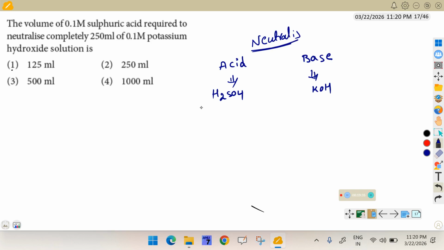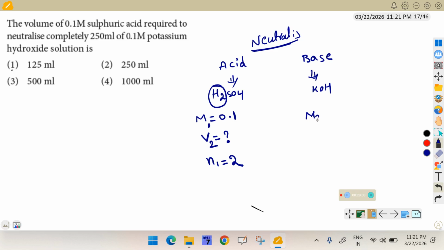So molarity of H2SO4 is given as 0.1 molar. Calculate volume. Volume is equal to question mark, M1 is 0.1, V2 to calculate. How many hydrogens are replaced? 2 hydrogens. So N1 value is equal to 2.